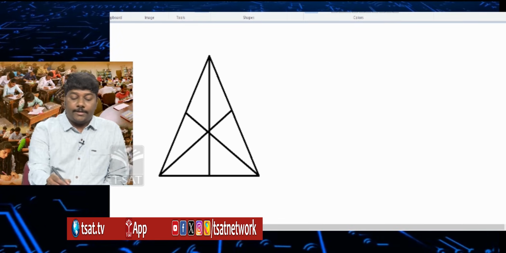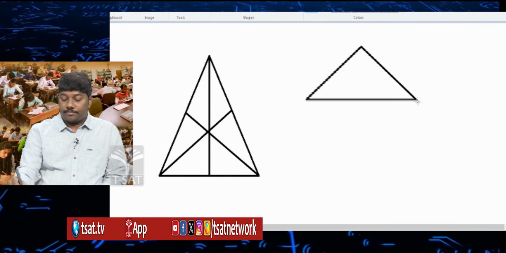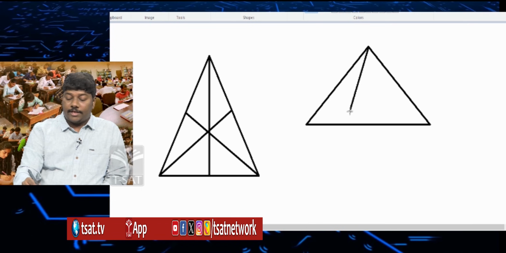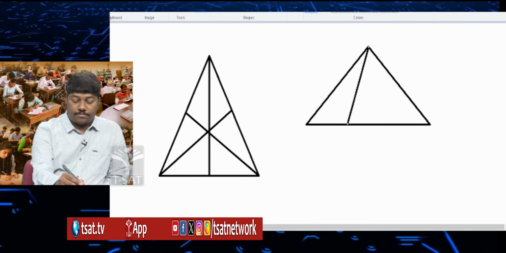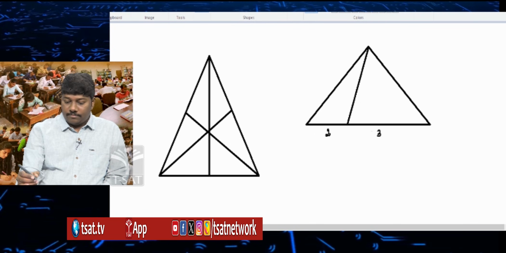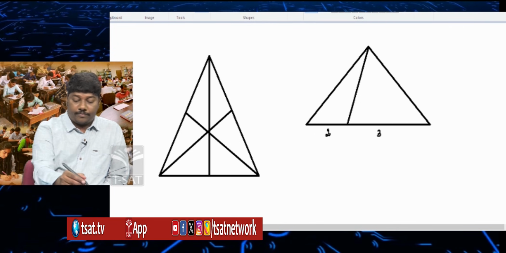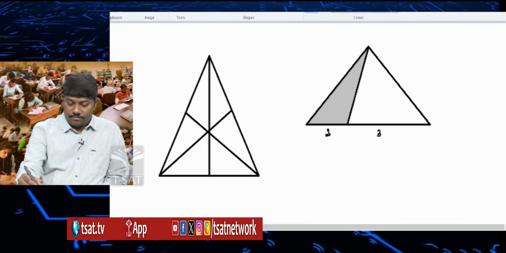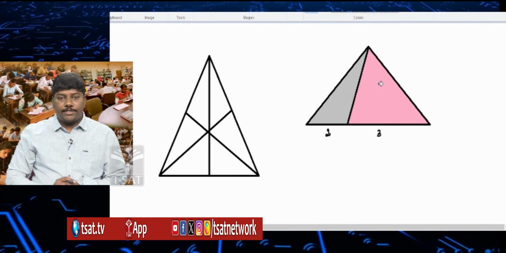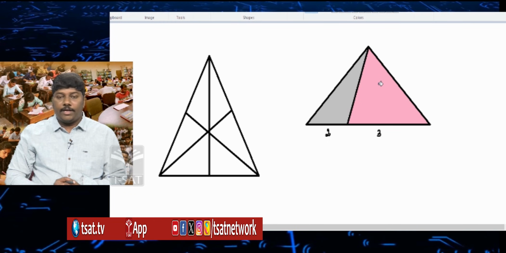Usually if you take a triangle, its bases are in the ratio 2 is to 3. You look at two shaded regions here, one is the ash color one and one is the pink color one.